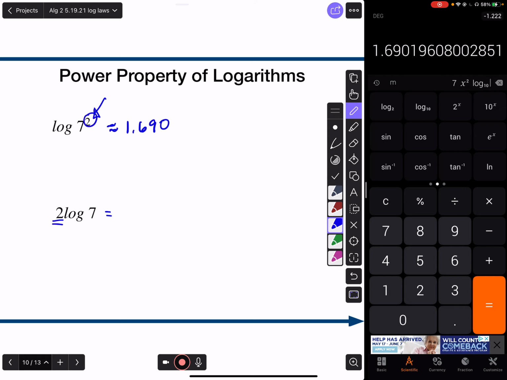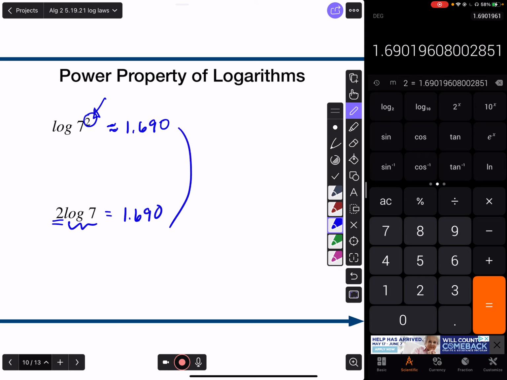To type this into your calculator, what you want to first calculate is the log of 7. There's no rule that says you have to do it that way, it's just smarter to get your function out of the way first. So now I know what the log of 7 is, and then I would do times 2, and we get 1.690.